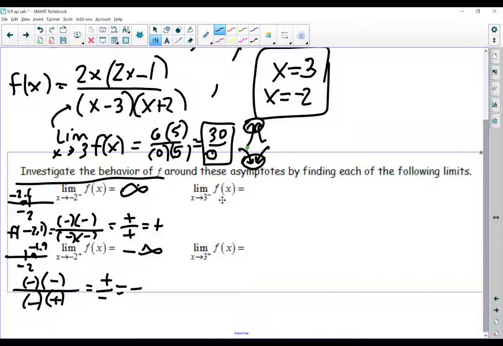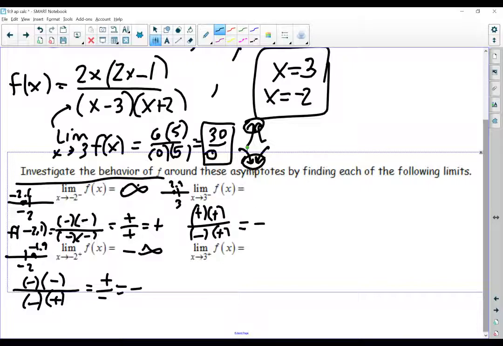Now to save myself some breath, if I were to do 3 here, I'm going to test a decimal just to the left of 3, which would be 2.9. So if I test 2.9, I get positive. 2.9 times 2 minus 1 will definitely be positive. 2.9 minus 3 would be negative. 2.9 plus 2 would be positive.